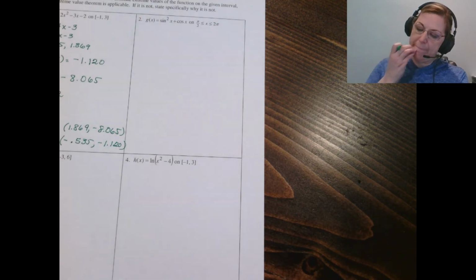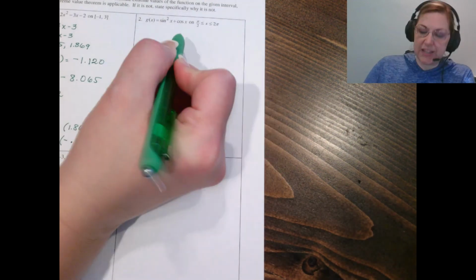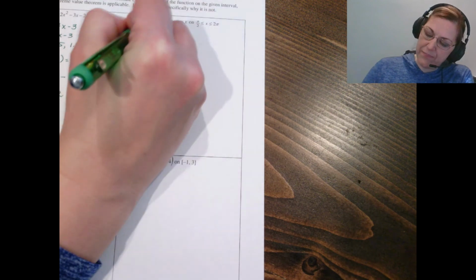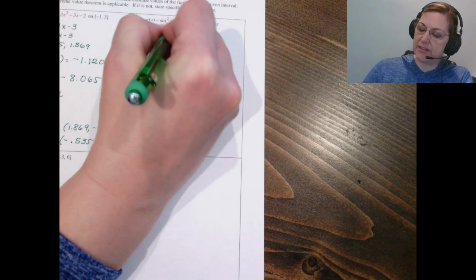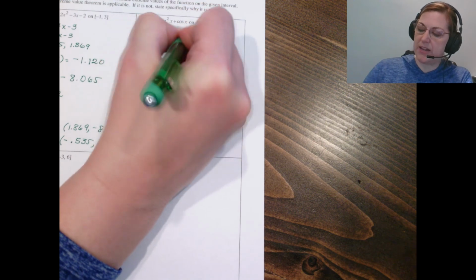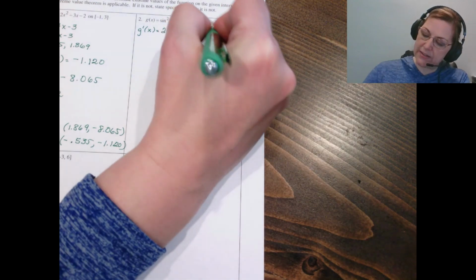Okay, let's look at number 2 then. And we're going to take the derivative just like we did before. Chain rule. So I've got 2 sine of x times cosine of x, right? Derivative of the outside, 2 sine. Derivative of the inside, cosine. And then minus sine of x.